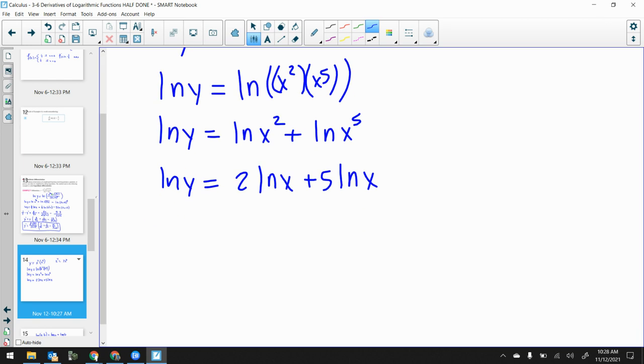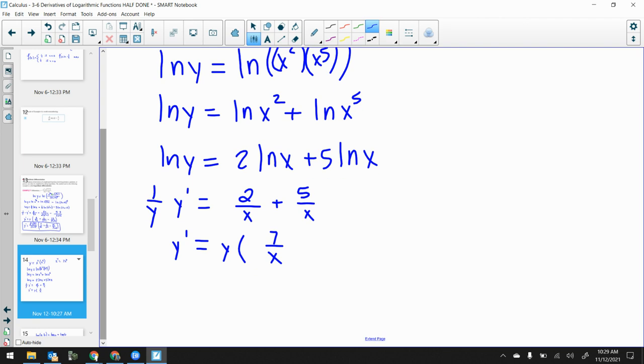That's 1 over y times y prime is equal to 2 over x plus 5 over x. So y prime is equal to y times 7 over x. Well, what was y? y was x squared times x to the 5th, times 7 over x. So look, I'm taking away 1 x. Essentially, x to the 7th, subtract 1, x to the 6th, and there was a 7 on top, so it becomes 7x to the 6th.